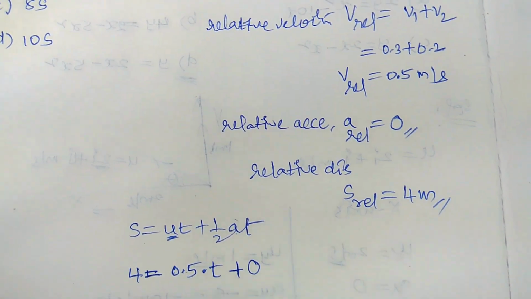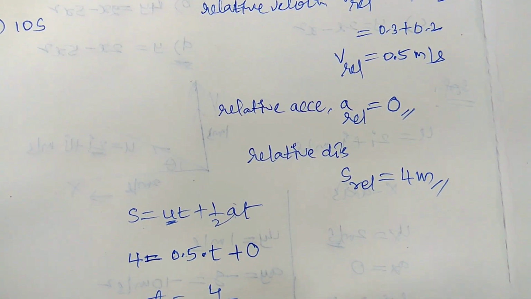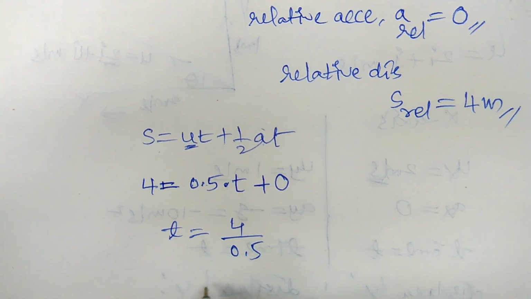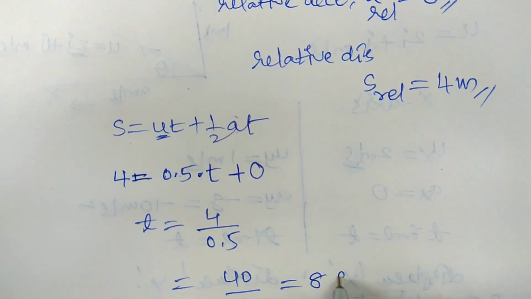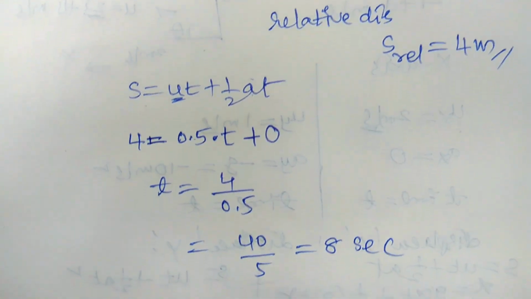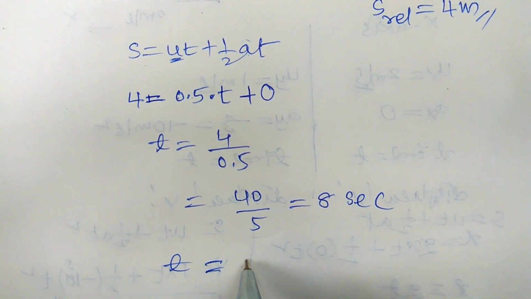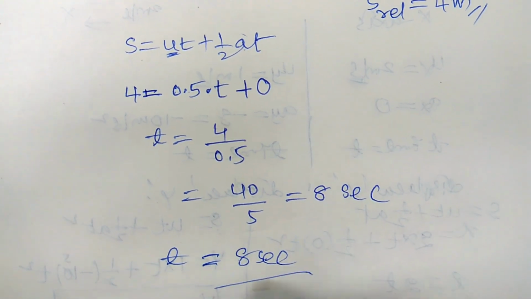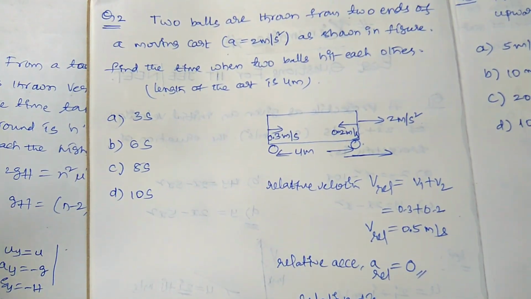So the time is 4 by 0.5, which is 40 by 5, equal to 8 seconds. The time taken for the balls to hit is 8 seconds. So this is a very important model to understand easily.